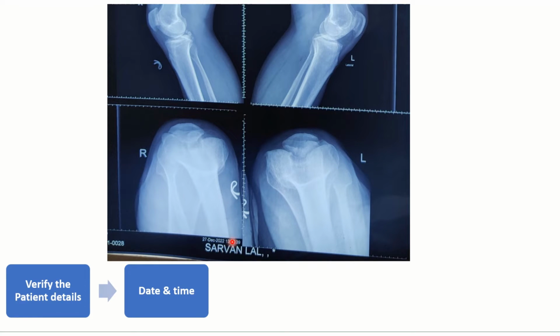Sometimes the date and time is also given, at 1:28 p.m. After that, the third thing that you are going to address is we have to speak of the X-ray part, meaning this X-ray is of the knee joint of Mr. Shravan Lal taken on 27th December 2022.